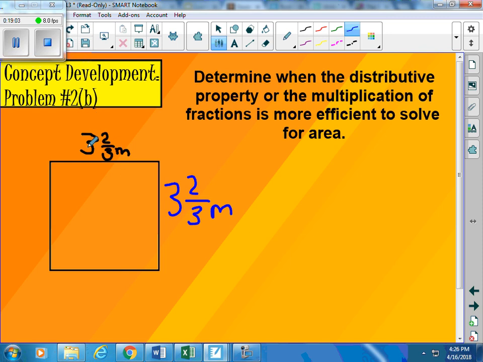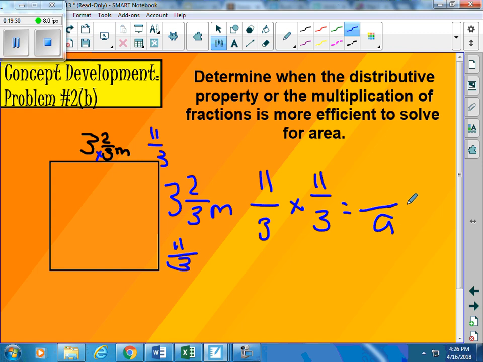So let's change this into an improper fraction first. Let's see which way is going to be quicker. 3 times 3 is 9. 9 plus 2 is 11 thirds, which means now I can multiply 11 thirds times 11 thirds. 9.